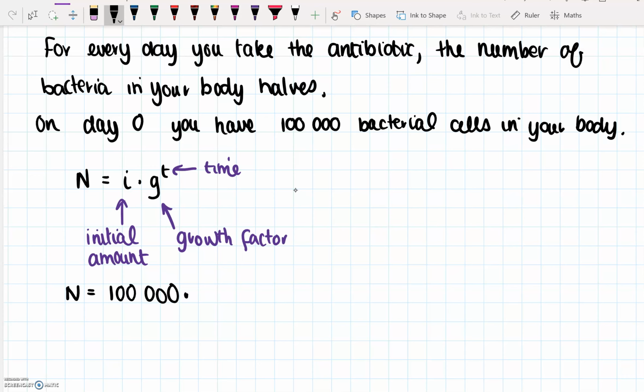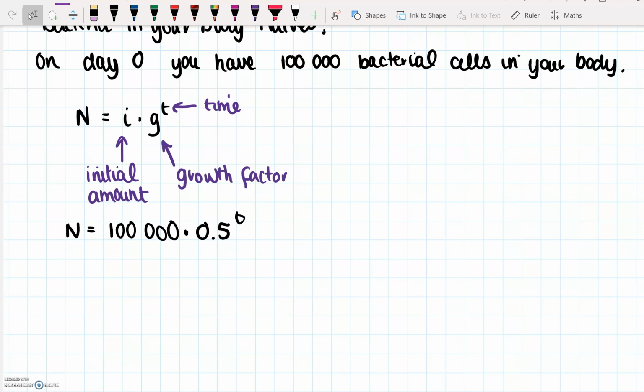In this case, the bacteria in your body halves, so it's going to be 100,000 times 0.5. This is our growth factor. And then t just stays as t for time. So this is our formula. This is all it takes to put together an exponential equation. We can now calculate things with this.